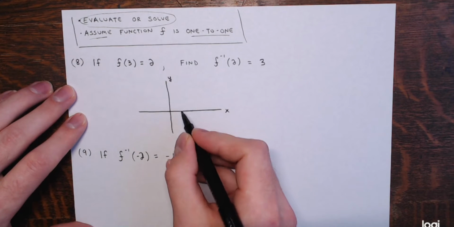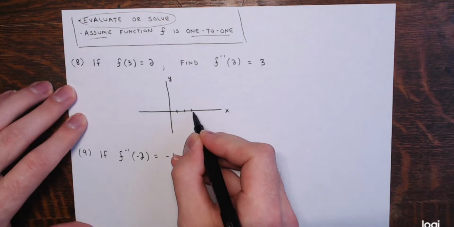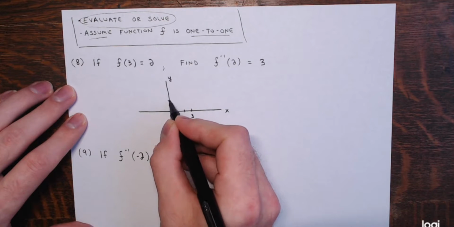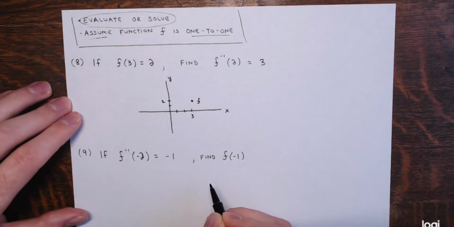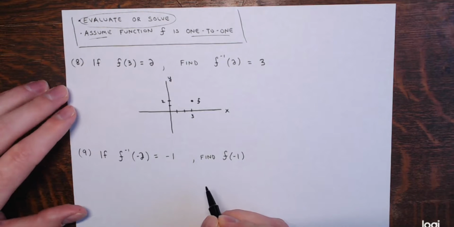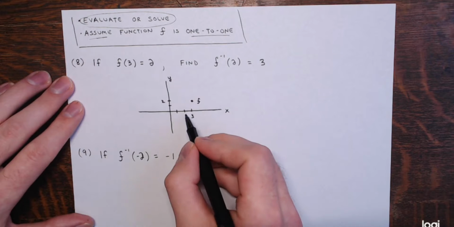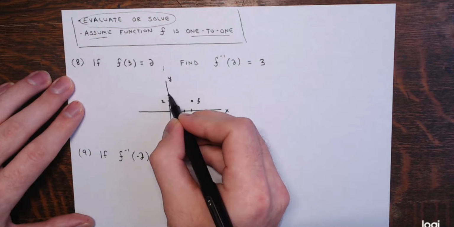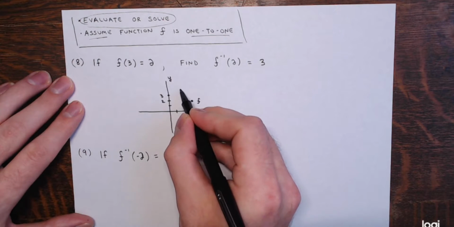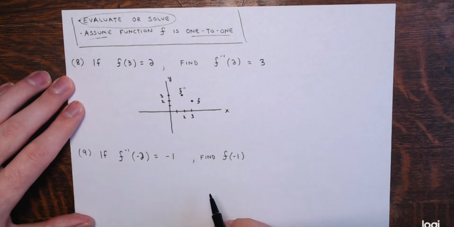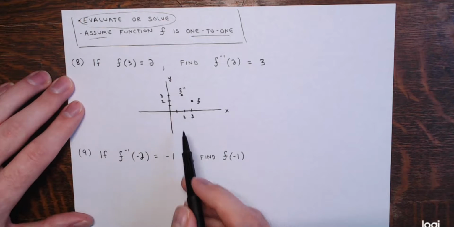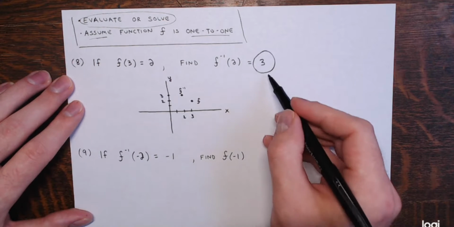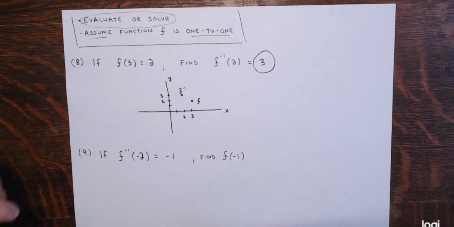If f of 3 is 2, so input 3, output 2, the graph of f has the point 3, 2. The graph of f inverse would have 2, 3, wouldn't it? Right, this point would be on the graph of f inverse. So if f of 3 is 2, then f inverse of 2 would be 3. Right, so there's the solution there, 3. Very, very simple stuff.